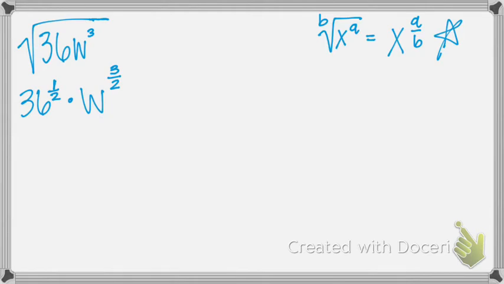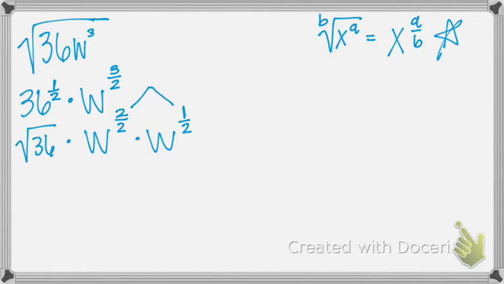Now, I'm going to simplify again. The 36 to the 1/2 power, remember, is just the square root of 36. And if I want to break down w to the 3/2, I can say w to the 2/2 and w to the 1/2, right?